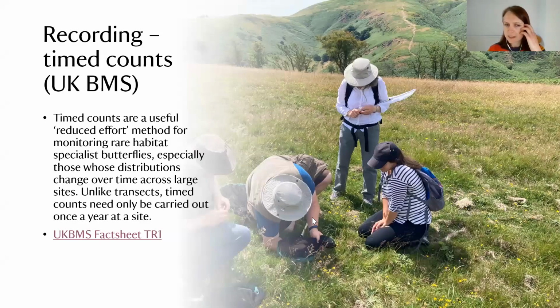Okay, anyone want to add anything about timed counts? Jenny or Caroline? Yes, we use timed counts all the time in the Wyre Forest, and the thing they're really useful for is if you've got butterflies in a metapopulation that are moving around a forest. So you might do a timed count while there's habitat in, say, a coppice coupe in the forest that quite quickly goes over.